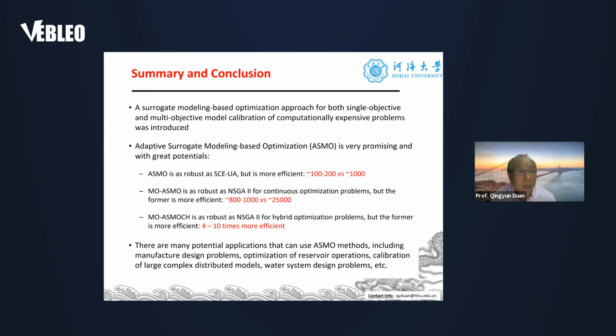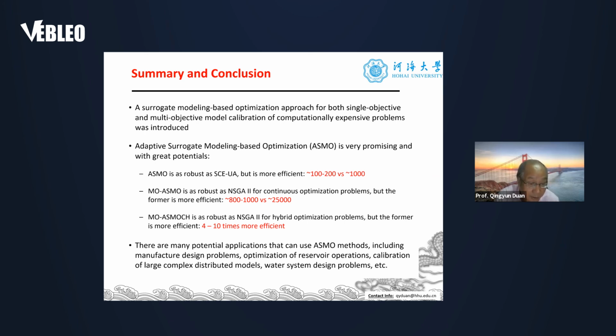Let me summarize what we have talked about today. We have presented this surrogate model-based optimization approach for both single objective and multi-objective model calibration of computationally expensive problems. And we described this ASMO procedure. It has a lot of promise, and we compared them. The ASMO is just as robust as SCE-UA, but it's more efficient.